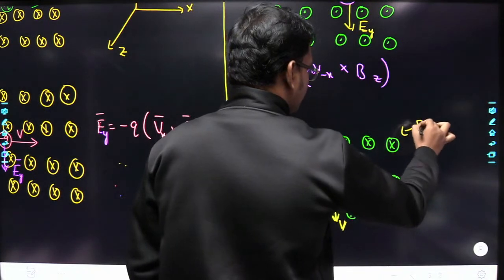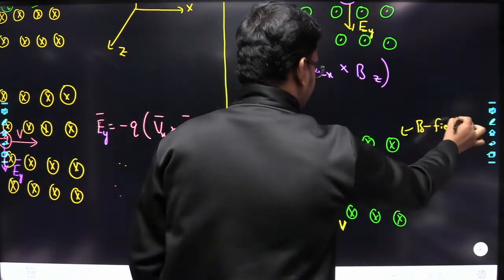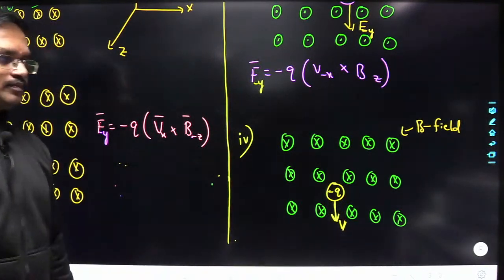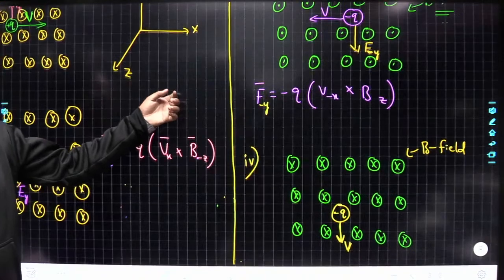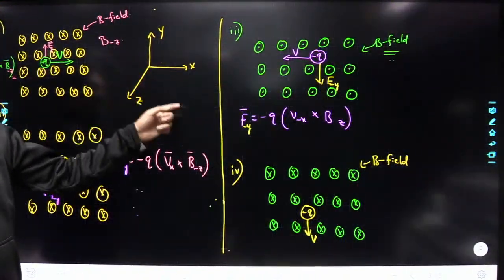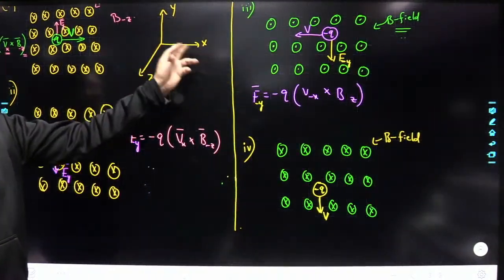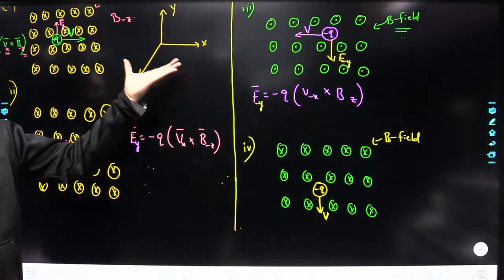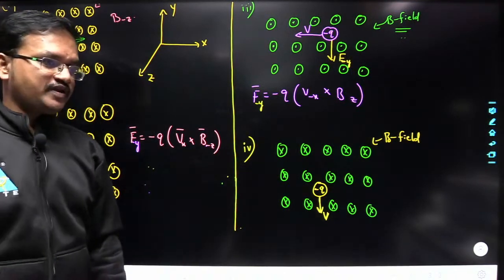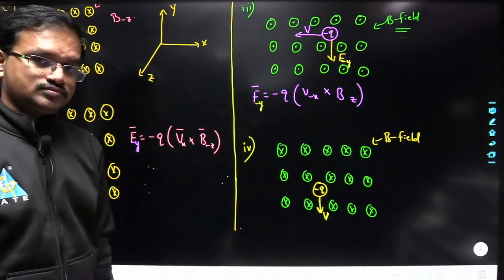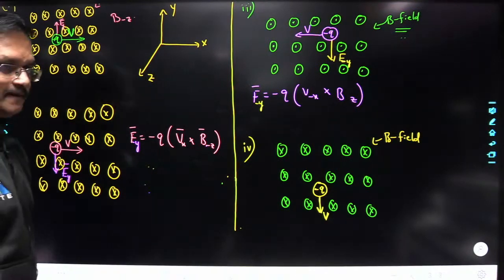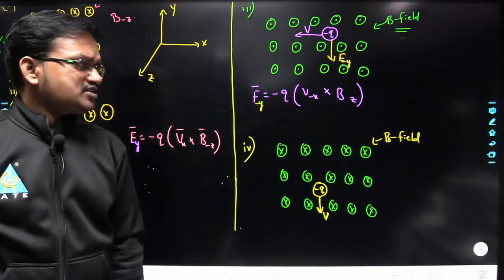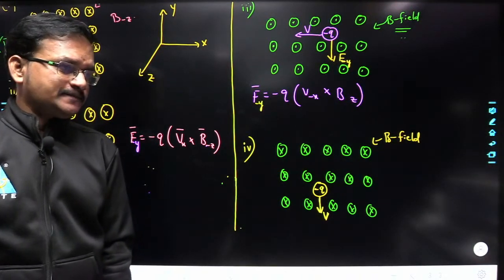So this is the B field. In which direction is it going to experience the force? Tell me. Always you have to consider, here I have given the reference axis, yes or no? The X axis you have to consider in this direction, y, z. According to this, tell me, in which direction is it going to experience the force? Minus q. Just follow the procedure here, you are going to get that.